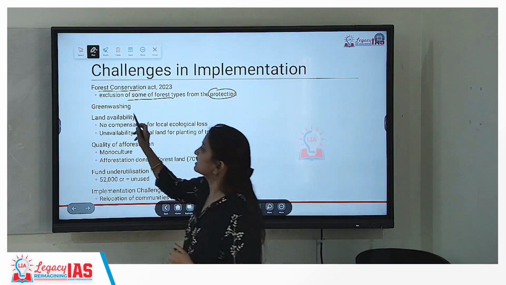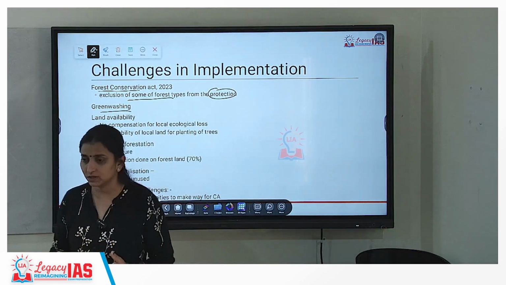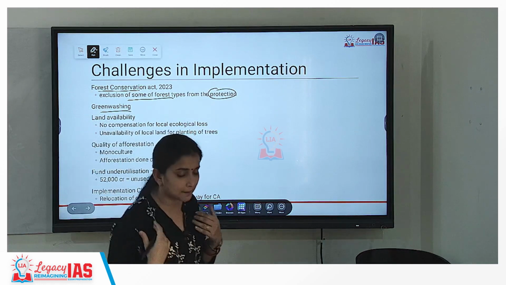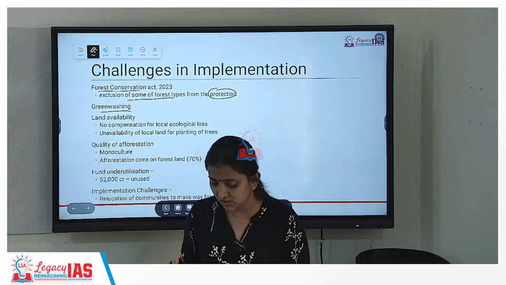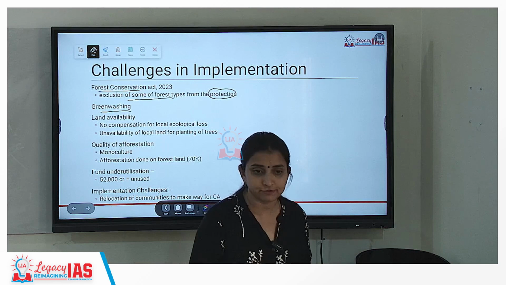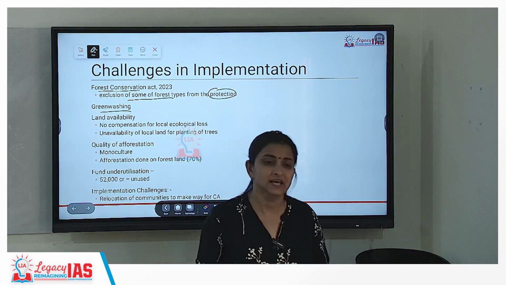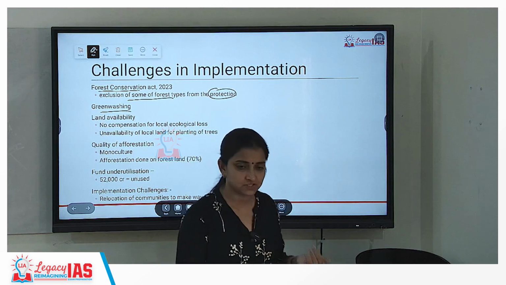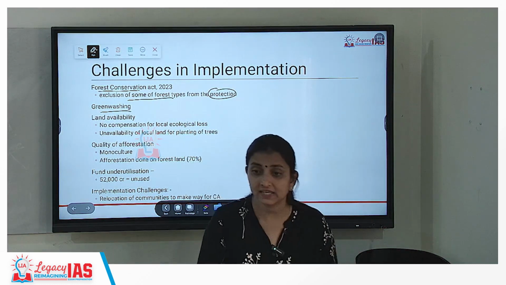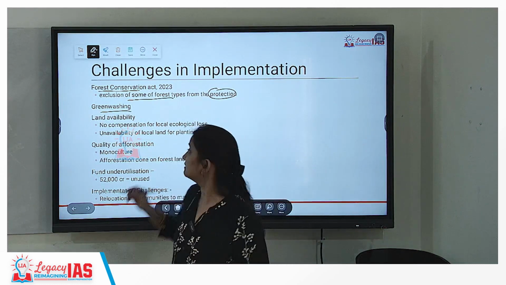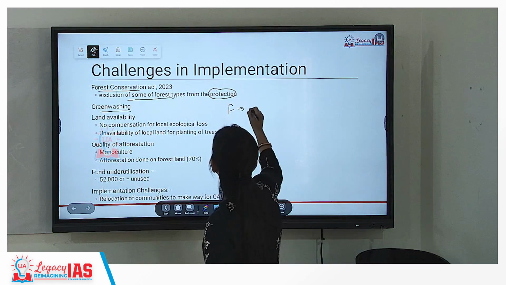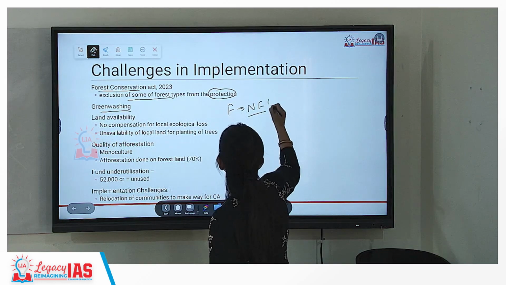Second problem is greenwashing. So the CAMPA Act, remember, says if you are using forested land for a non-forest purpose, all of this drama we need to do. One, identification of land for 1:1, calculation of NPV, giving the funds to the state, to the CAMPA fund. Okay? But only if we are converting forest land for a non-forest use.